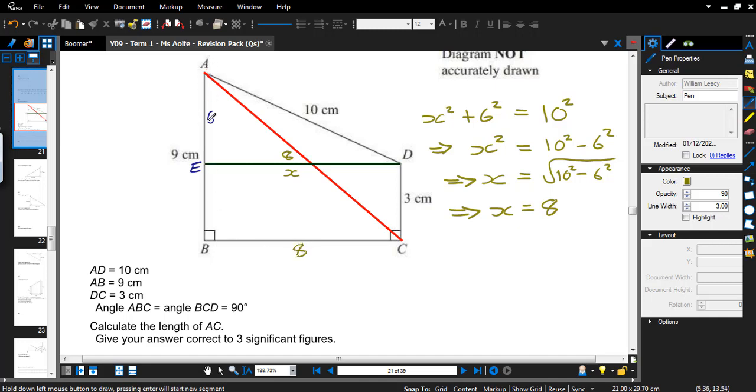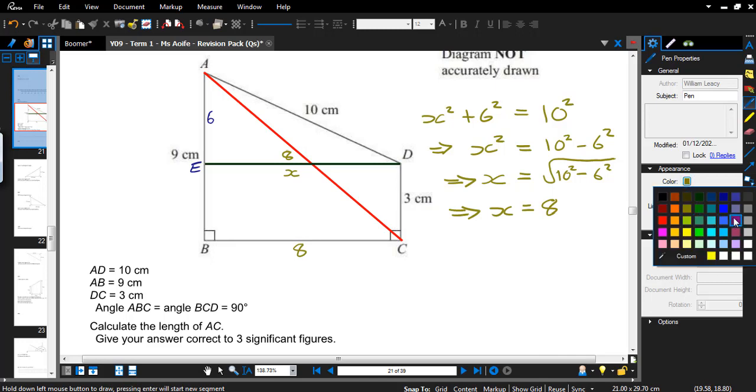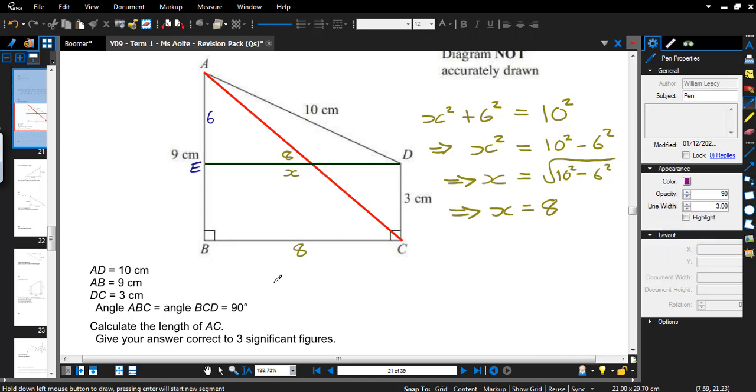So now look at the triangle ABC. Remember them? The ABCs, back in the day. Here we go. In that triangle we have 9 squared plus 8 squared equals AC squared. I'm going to use a different color. I don't like using AC, so let AC equal y.